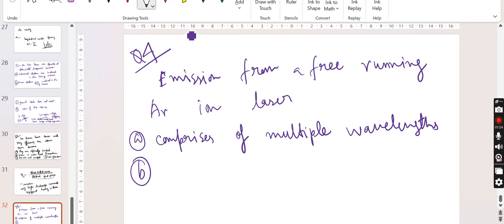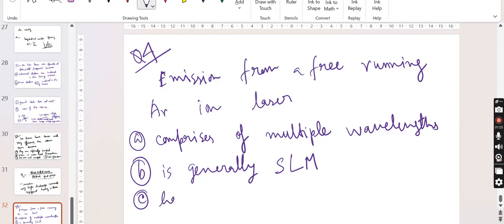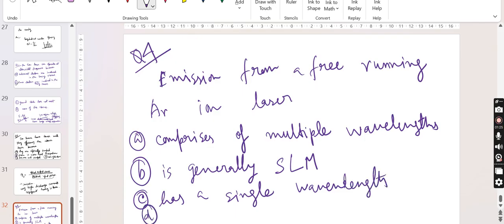B, is generally SLM. C, has a single wavelength. D, SLM and single wavelength.